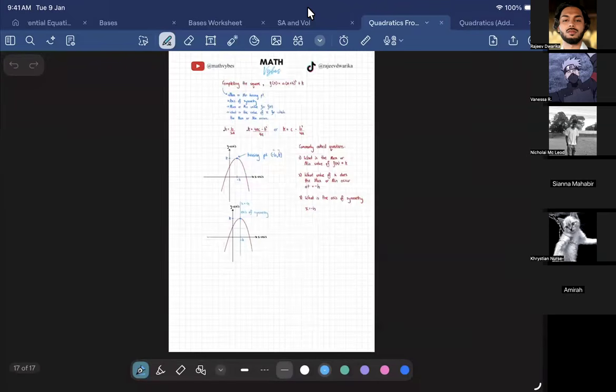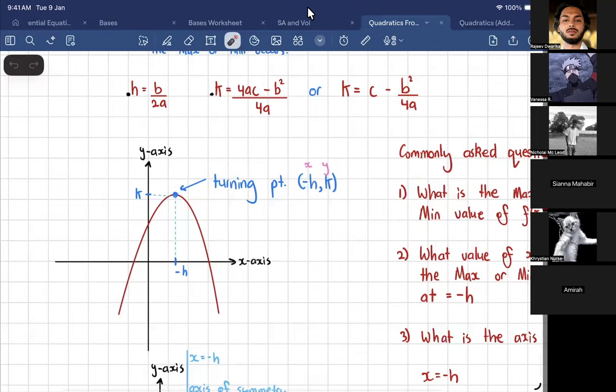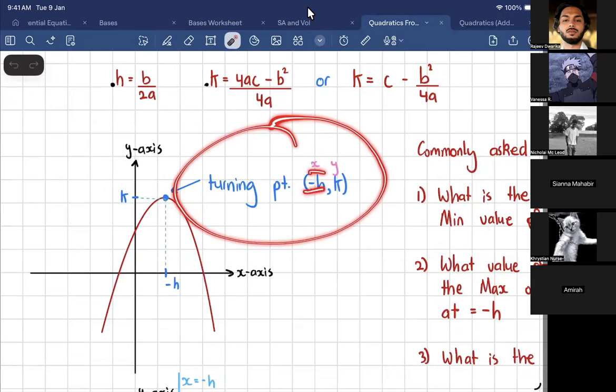So you understand that the turning point is minus h comma k? This is the turning point, and so x is minus h.